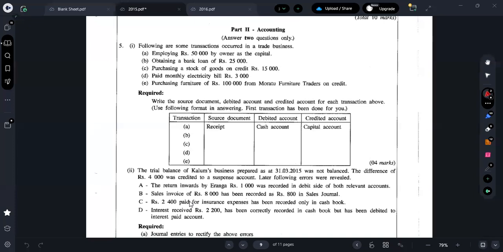If it is no, just put it as no. So I can see most of you have completed here, right? Some students have not completed some parts of the question. Perfect.